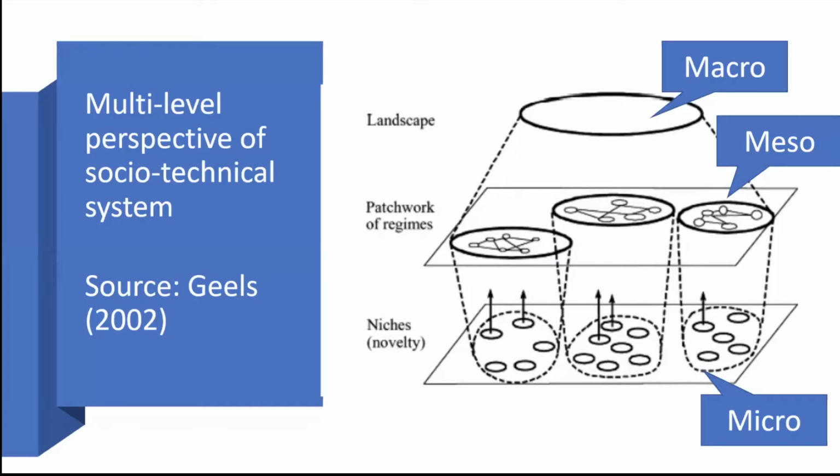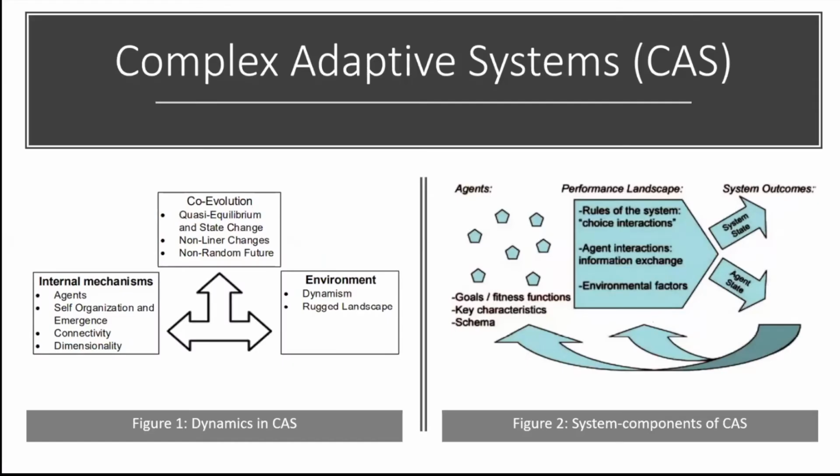So here I have shown you the connection between you as an individual, maybe as an innovator, and then the connection to your organization or sector or regional level, and then you also take into consideration the external policies.